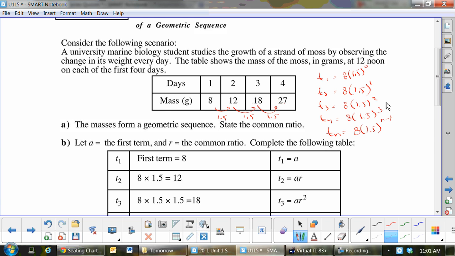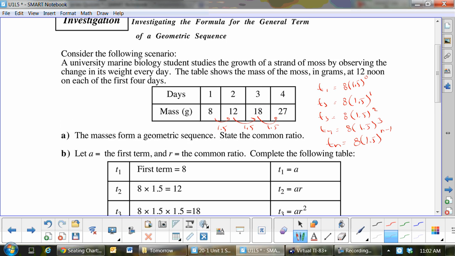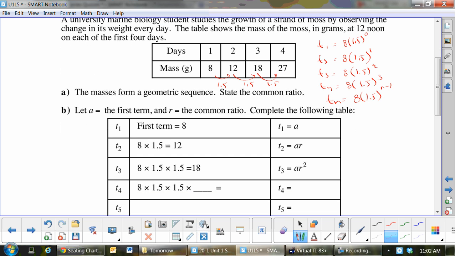What's 1.5 to the 0? Try your calculator. It's 1. What's 8 times 1? So it works. All you have to do is take this, which we said was our A, and this, which was our R. So Tn equals A times R to the n minus 1.